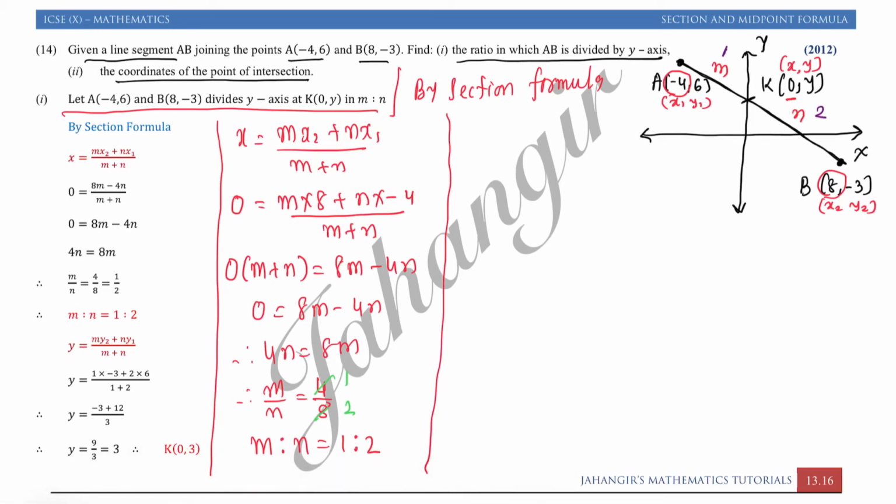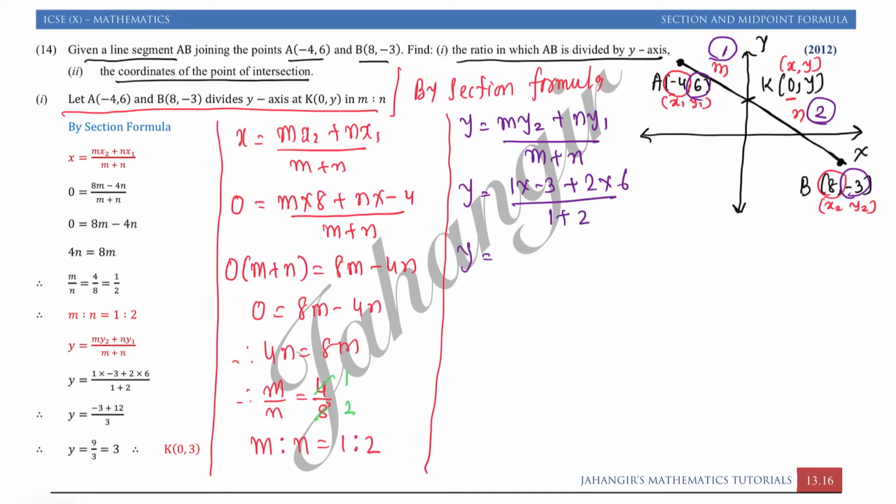M is to n is 1 is to 2. Now we want the y coordinate, so we will use the y section formula: (m y2 plus n y1) upon (m plus n). Our y coordinate is unknown. We got m, that is 1, we will multiply with minus 3, plus 2 we will multiply with 6, whole upon m plus n, that is 1 plus 2.